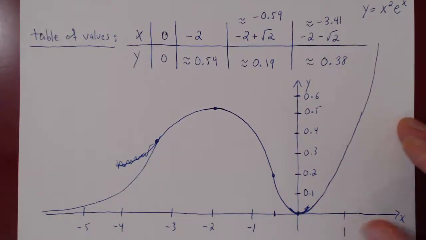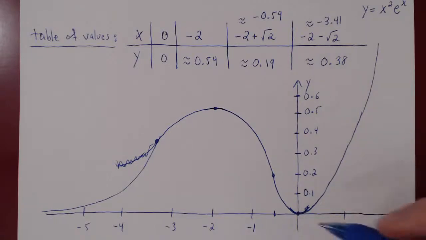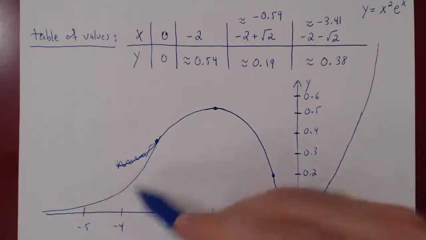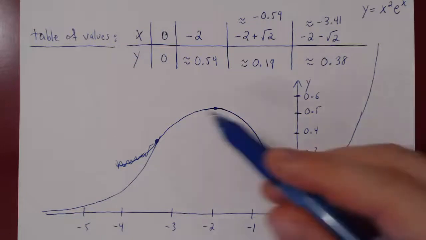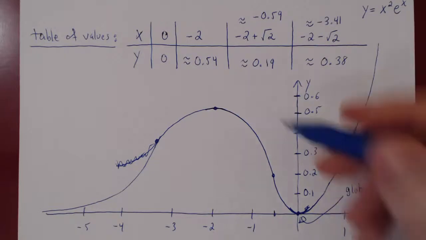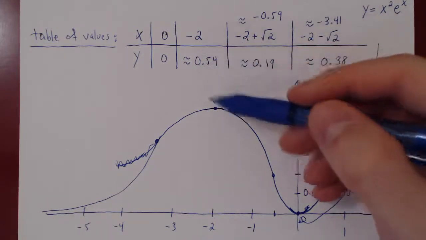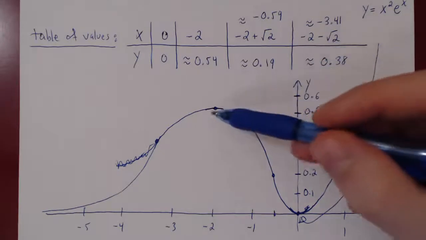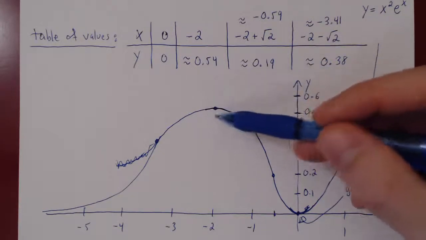So let's see what we have in the end to label our points of interest. If you notice, x equals 0 was initially a local minimum as a critical point, but you can see the function is always strictly positive and is equal to 0 only when x is 0. So not only is this point a local minimum, it is a global minimum. Then we had the other critical point, x equals negative 2, and we knew that it was concave down at negative 2, therefore we had a local maximum.